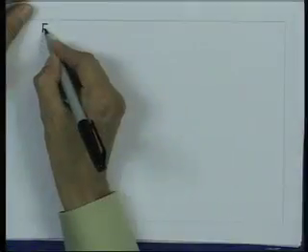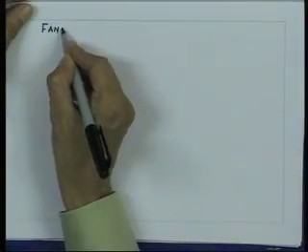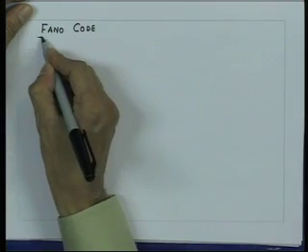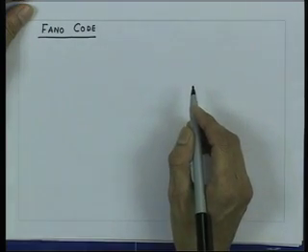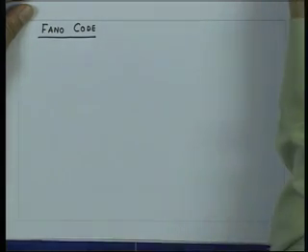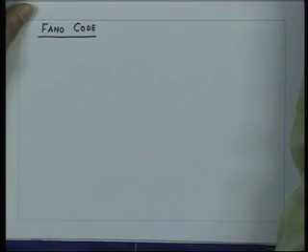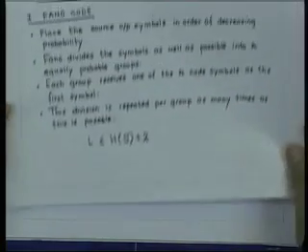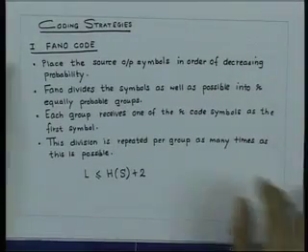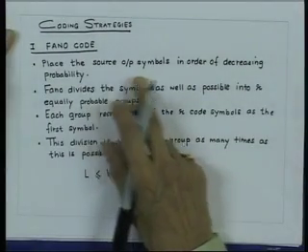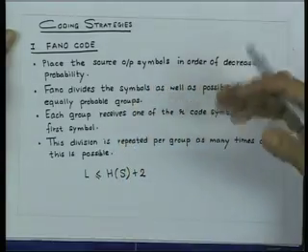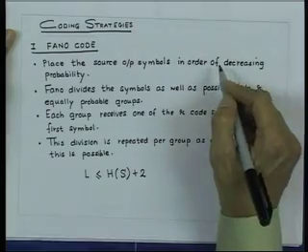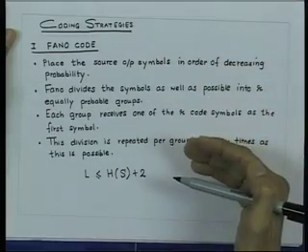The coding strategy for Fano code goes as follows. Given the source output symbols, you arrange these source output symbols in order of decreasing probability.